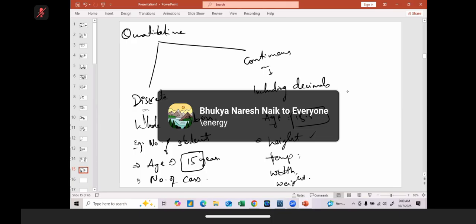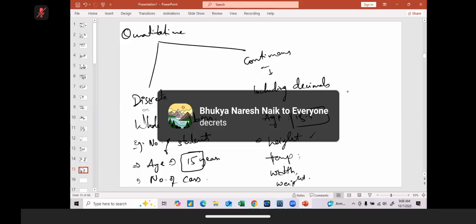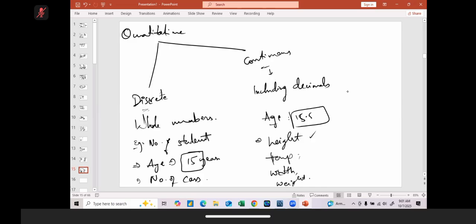Will that come under discrete or continuous? Bank accounts, not balance. Bank account balance comes under continuous, but we are talking about, for example, 3 bank accounts. That comes under discrete. No one in this world can have 2.5 or 3.5 bank accounts. That comes under discrete.